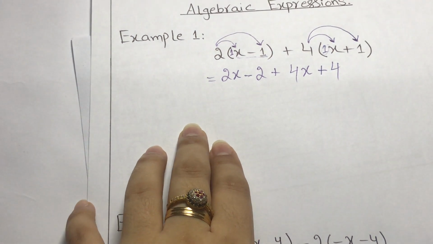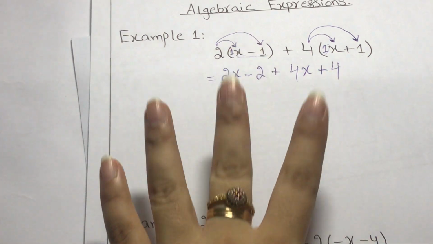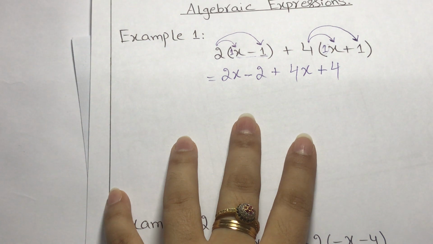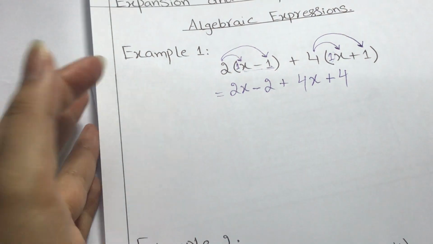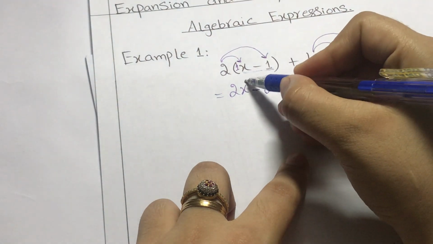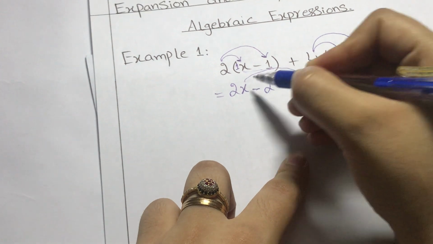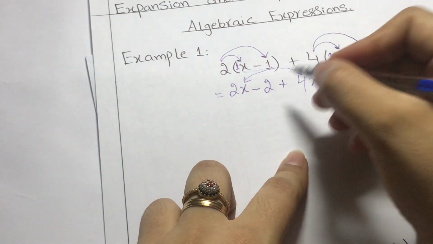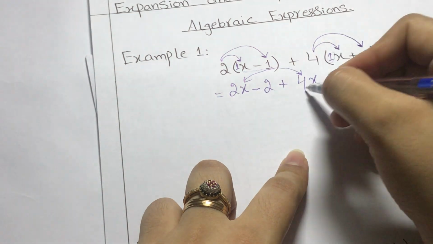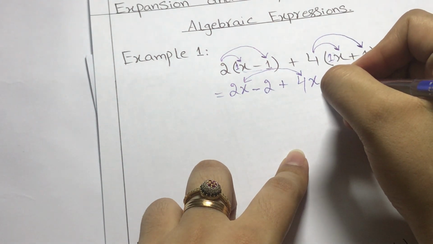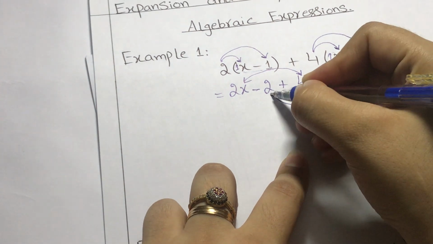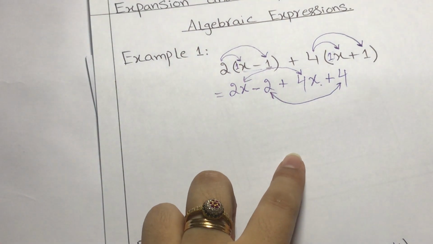Now you can see again we have 4 terms in this linear algebraic expression, and what we have to do, as we have done in the previous lessons, first we have to identify our like terms, the terms with the same variables. 2x and 4x, one pair of like terms. 2 and 4, second pair of like terms, right?